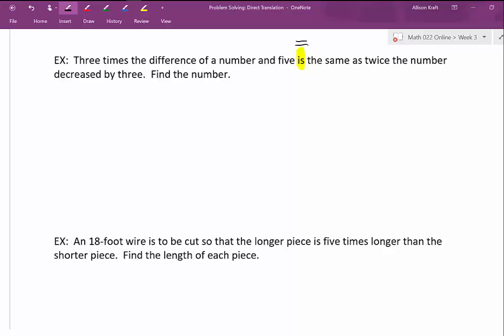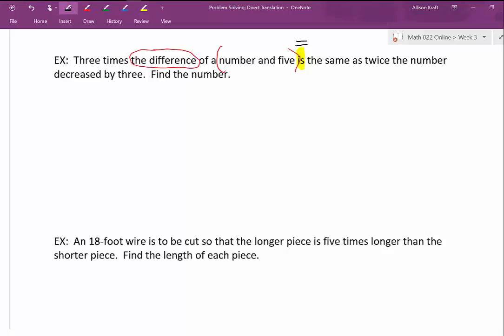So let's just look at the first piece. 3 times the difference of a number and 5. The difference means that we need to perform the subtraction of the number and 5 first. To indicate that that's going to be done first, we're going to put parentheses around that.